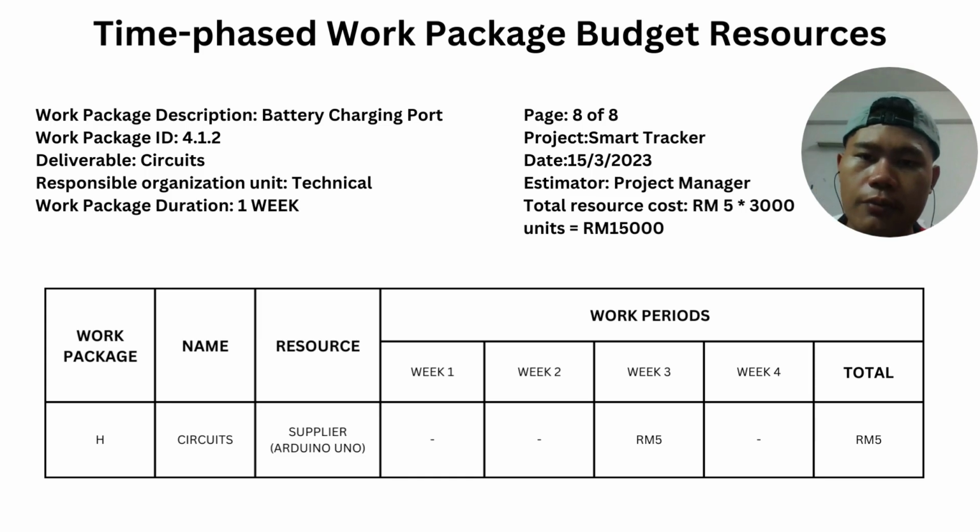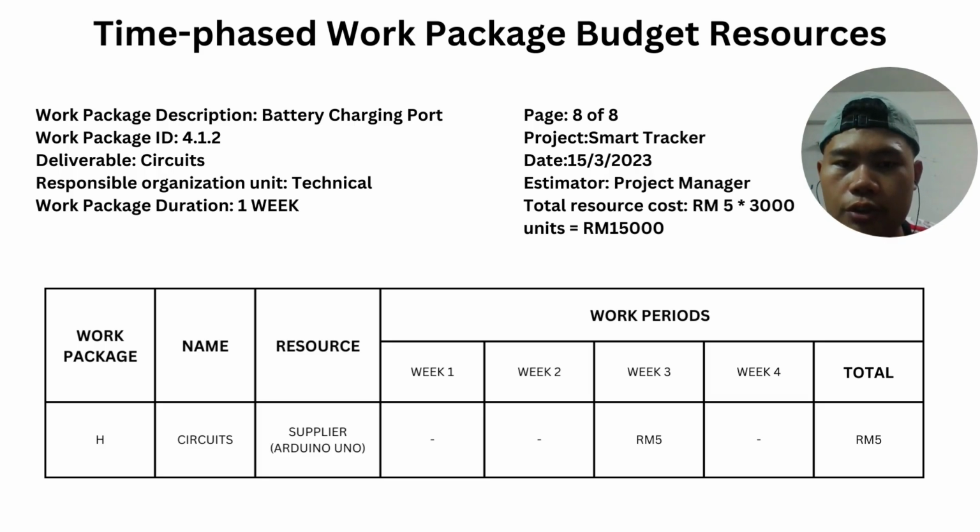And the last one, time phase work package budget resources for labor cost: the work package description is battery charging port, and the work package ID is 4.1.2. The deliverable is circuits. The responsible organization unit is technical.